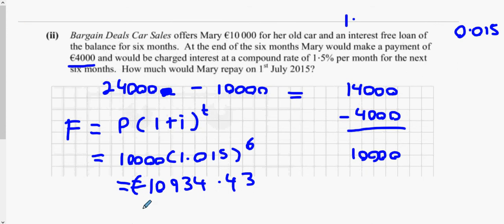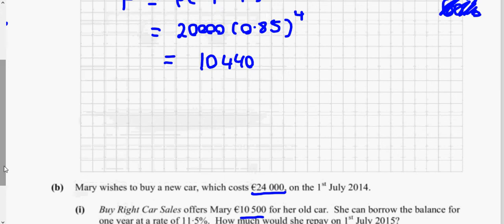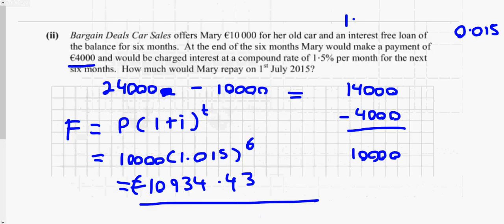Well, she ends up paying €10,034.43 in option 2. And in option 1 she pays €15,052 and 50 cents. So it's a no-brainer that the second option. Oh, but she also paid 4 grand.